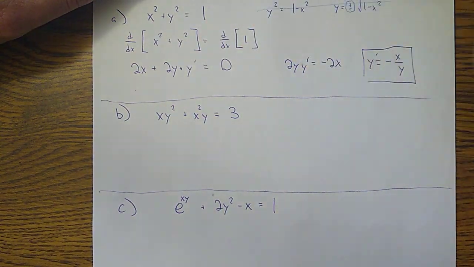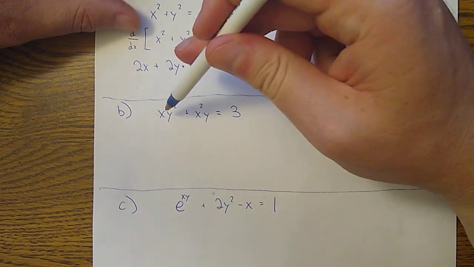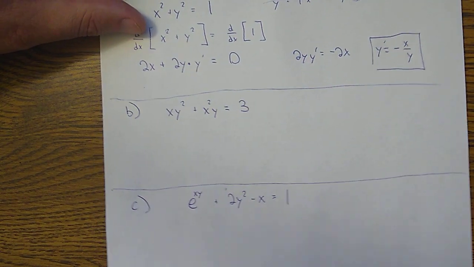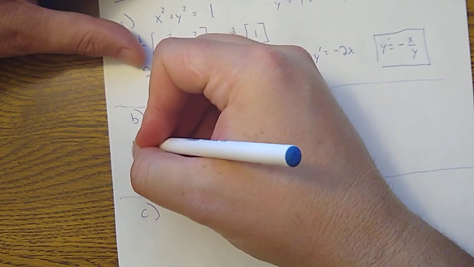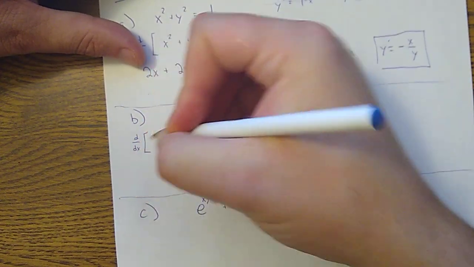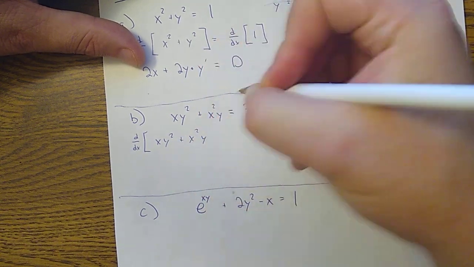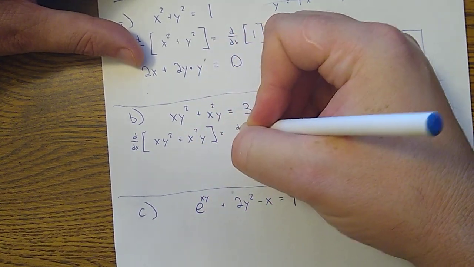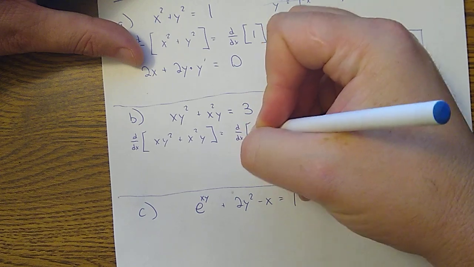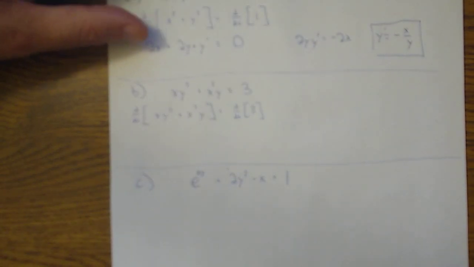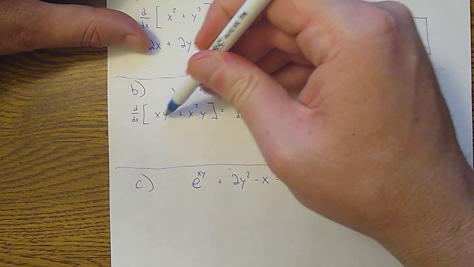So what about something like this? I'm going to do the derivative of both sides with respect to x once again. Eventually we'll get to the point where I won't even write this first step down, but I just want to remind you I'm doing the derivative of both sides with respect to x. So what do I do with something like this?